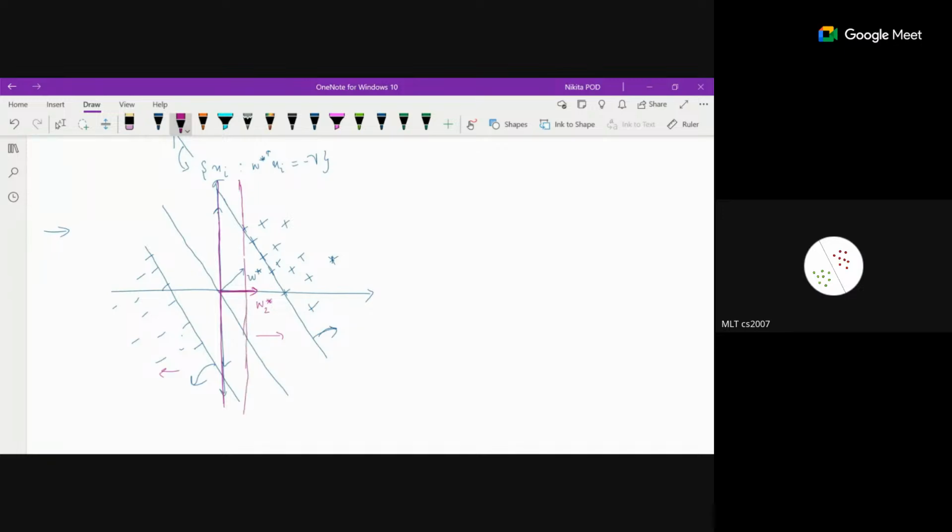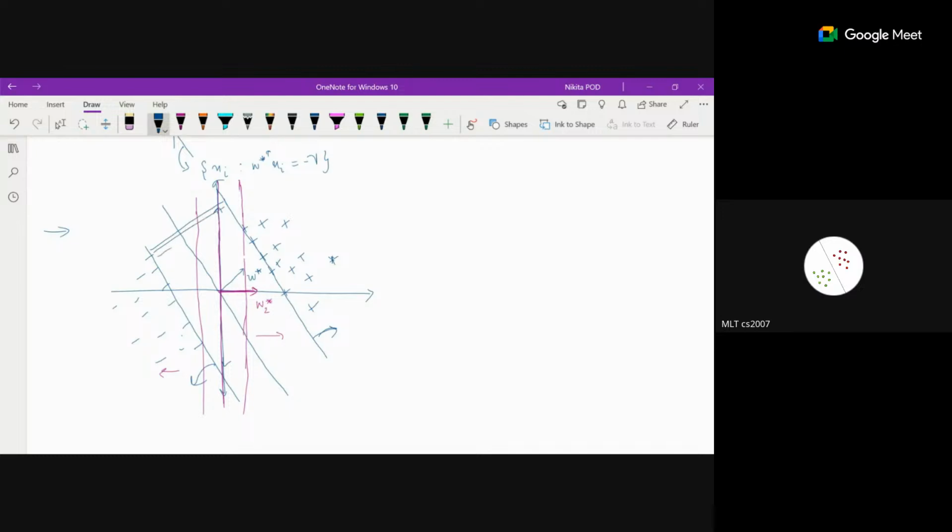Right? So this would be my gamma margin. Now here, for this data set, we could see that there are two W's that we could find, which separated my data set linearly with some gamma 1 margin and some gamma 2 margin, where gamma 1, the margin for the W star, is this.